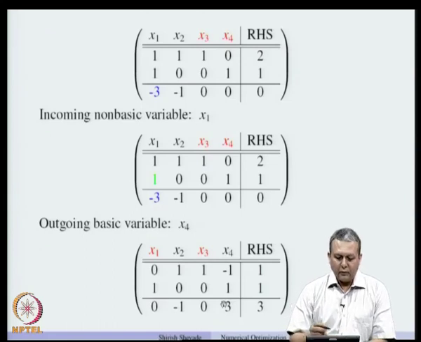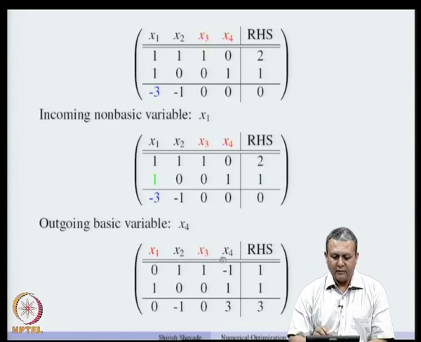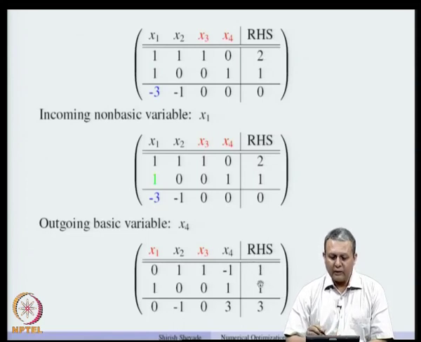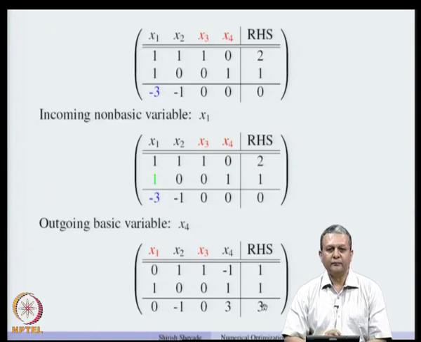Now, you will see that the matrix corresponding to the basic variables x1 and x3 is the identity matrix, and the basic feasible solution associated with this basis matrix is x3 equal to 1 and x1 equal to 1, and the current objective function value is -3.